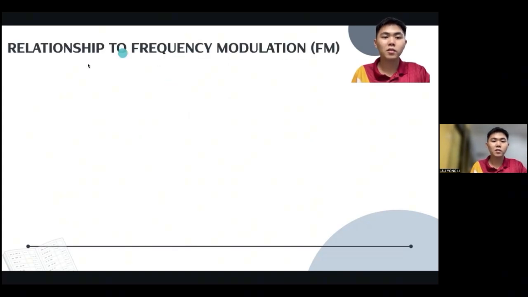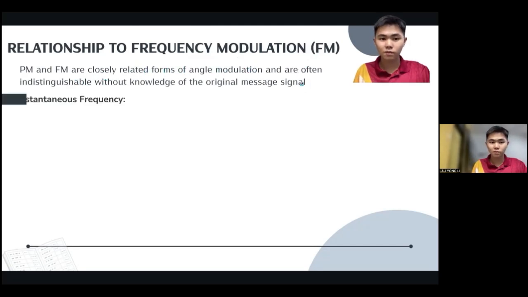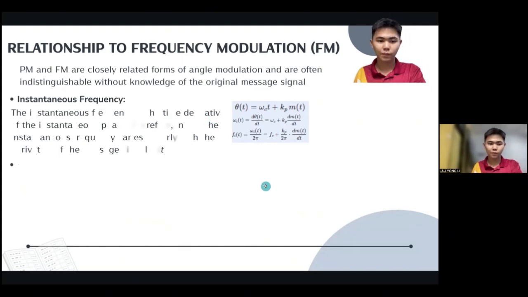Now, I would like to talk about the relationship to frequency modulation. Phase modulation and frequency modulation are closely related forms of angle modulation and are often indistinguishable without knowledge of the original message signal. For the instantaneous frequency, this shows that in PM, the instantaneous frequency varies linearly with the derivative of the message signal.